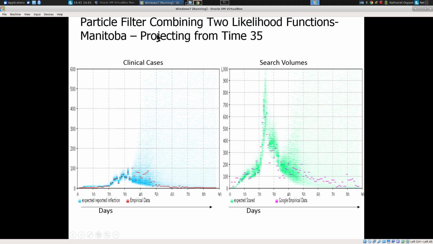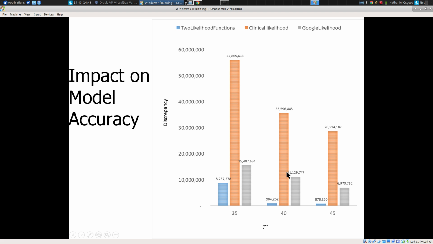By contrast, if we bring in both types of data, it gives us a quite better picture. There's still some uncertainty, but the high probability density region, the highly likely region, covers this area, which quite closely matches the number of clinical cases. Same thing for search volumes.